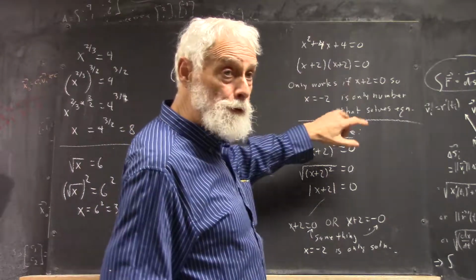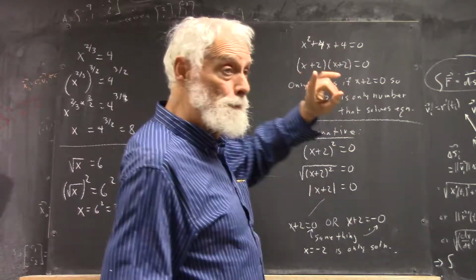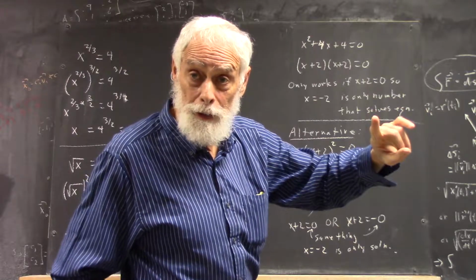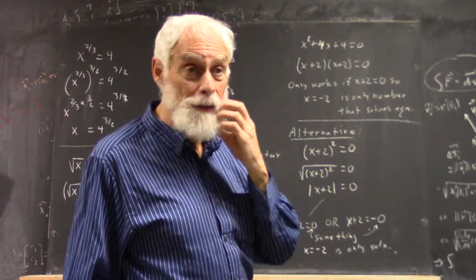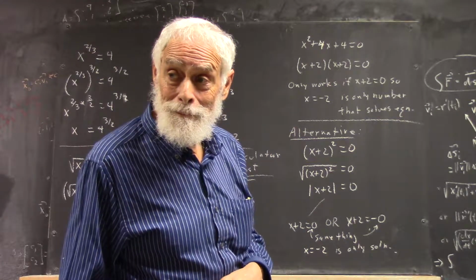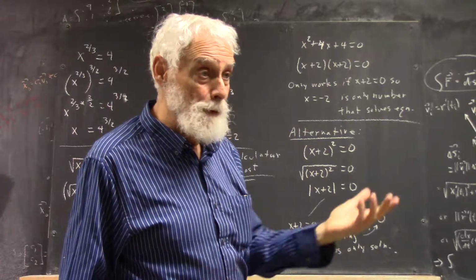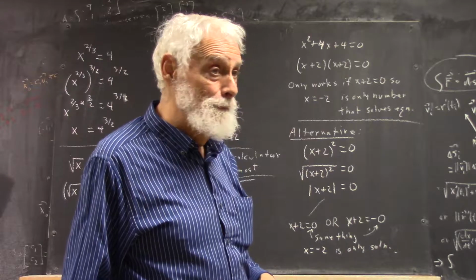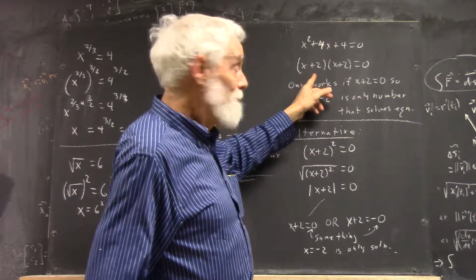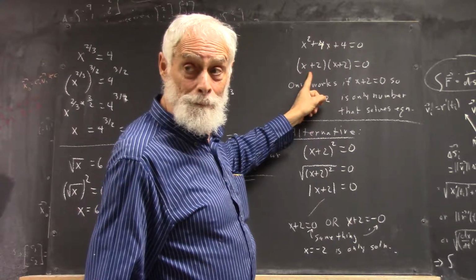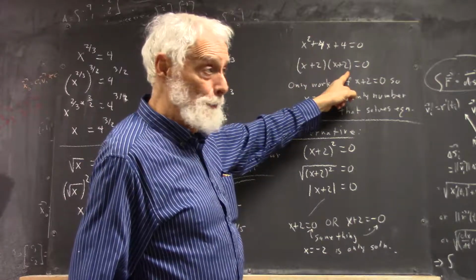Now that only works for one possible value of x, it turns out. What is it? You can look at it and see what x has to be to make that 0. Somebody want to tell me? Negative 2. Because that makes this one 0, right? It also makes this one 0, but it doesn't matter.